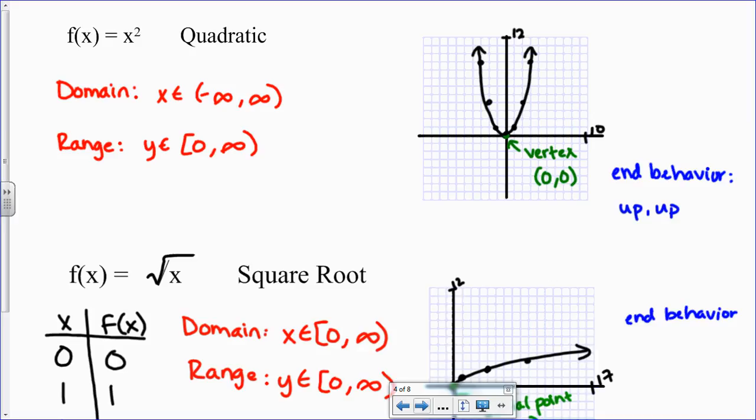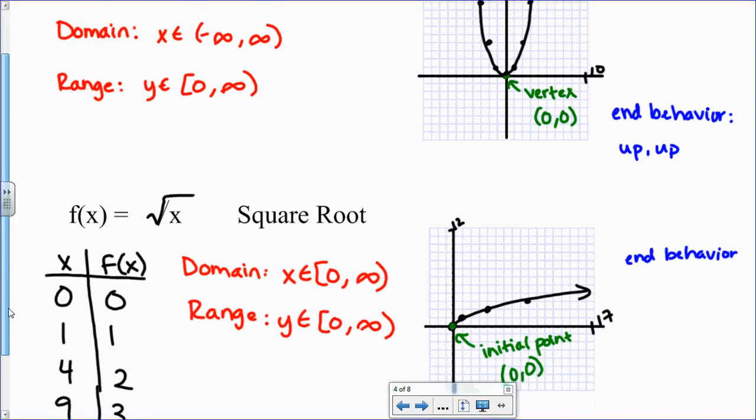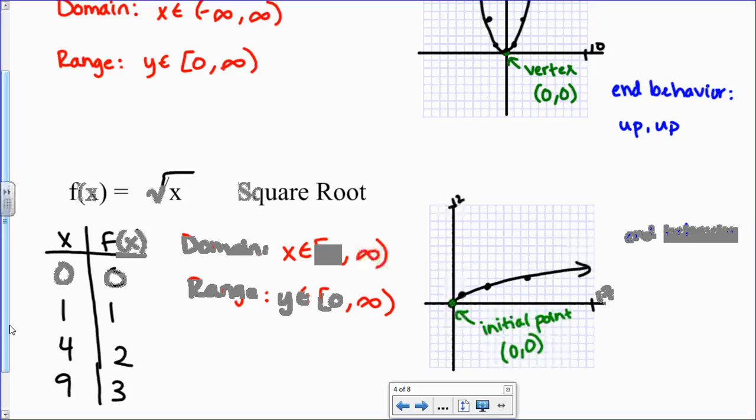So square root's a little different because you only have one end, but we'll just describe that one end, and it's up. Okay.